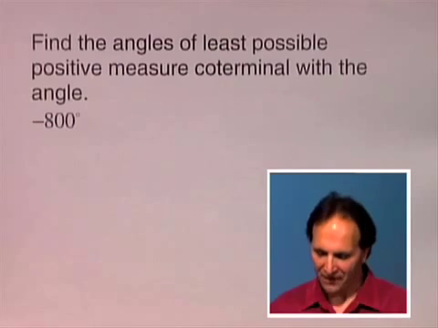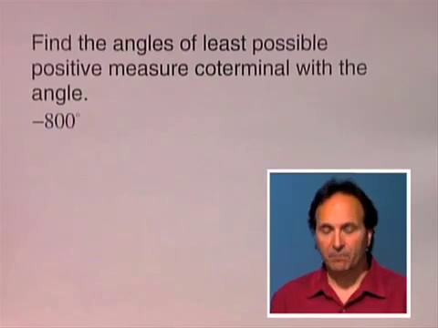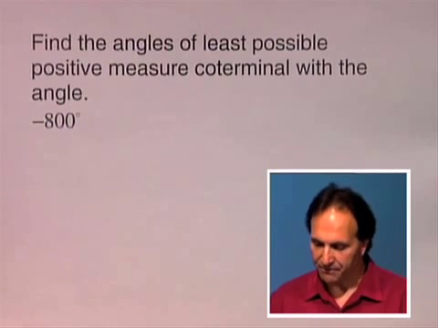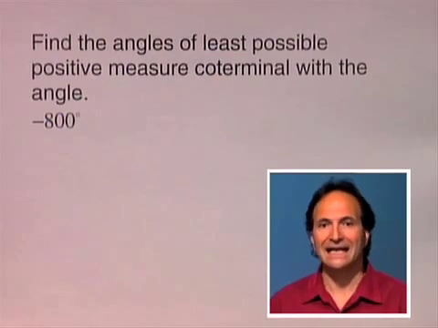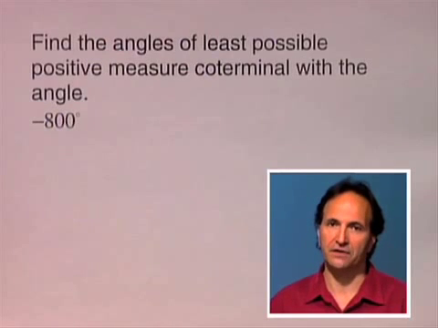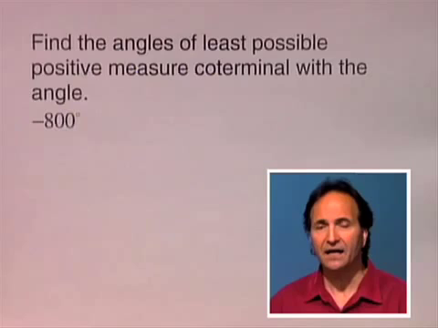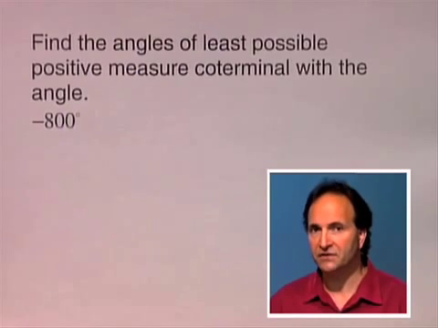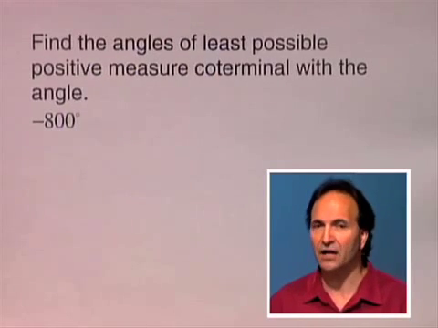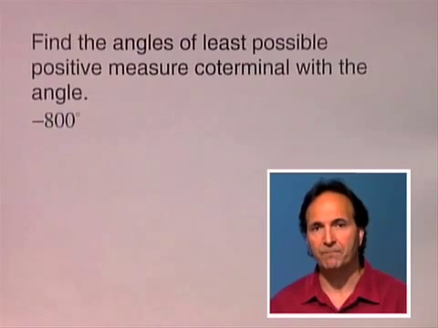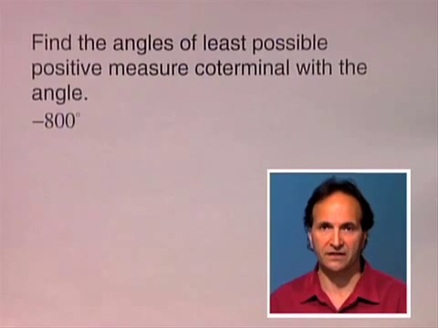Let's take a look at one more. Find the angle of least possible positive measure coterminal with the angle negative 800 degrees. So what we need to do here is add a multiple of 360 degrees to the negative 800 so that that sum is between 0 and 360.